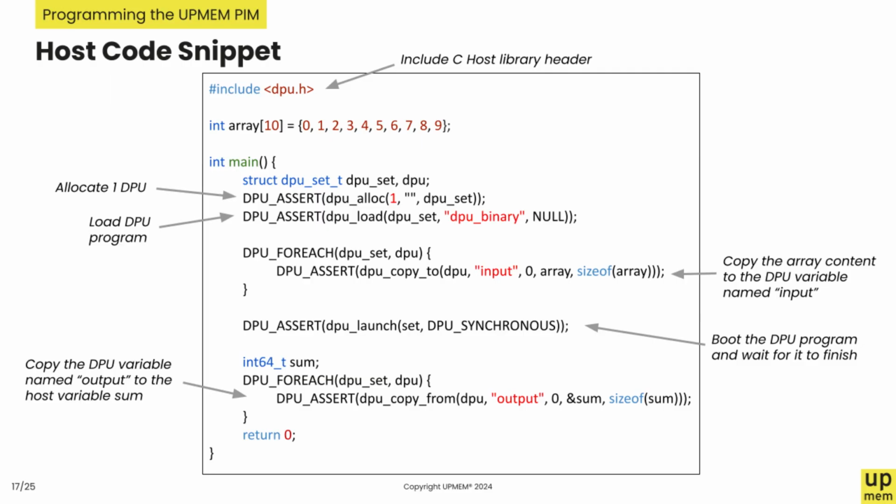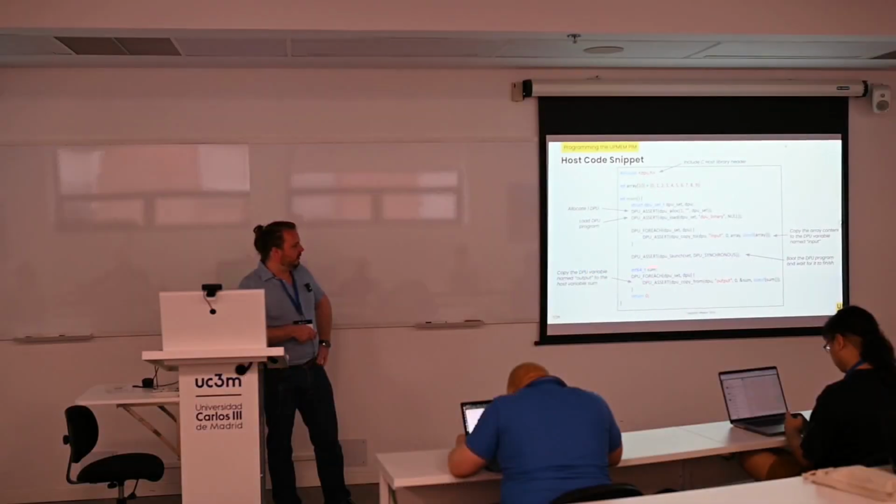There's also, of course, an asynchronous mode, which is more complex, where you can start execution of the DPU, do something else on the host, or do something different on different DPU ranks, and so forth. There are examples of all that in the online documentation. Okay, and then at the end, you gather your results on the host side.